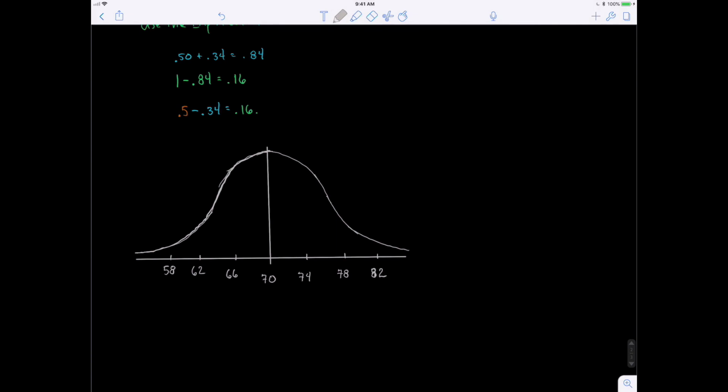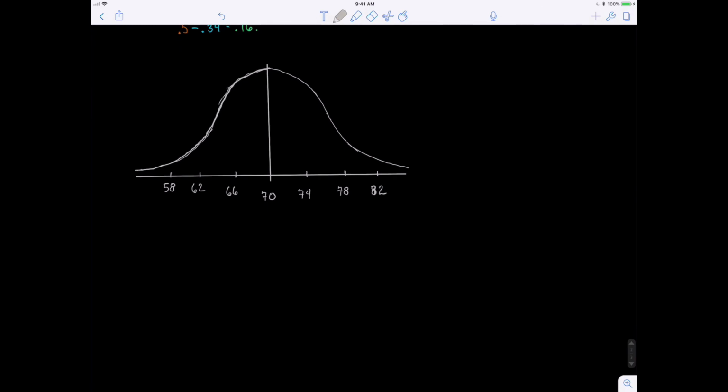And this problem says, 95% of males are found between what heights? Okay, well, I could probably make my F look better. There. So that might help the whole problem.